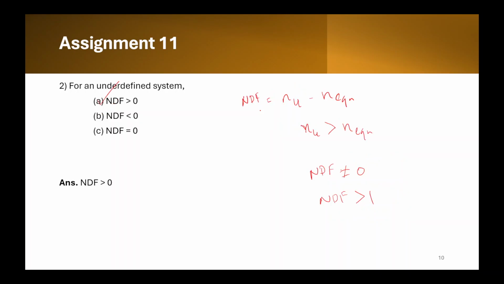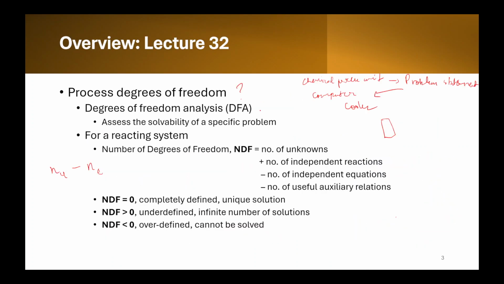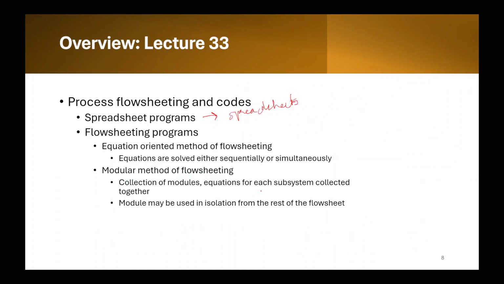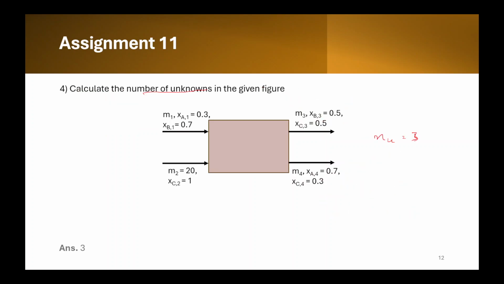I can show it to you. See, I've solved this question as well. For a solvable system with a unique solution, NDF is equal to 0. Or you can see from this slide as well: completely defined, NDF is equal to 0, completely defined and unique solution. Usually people make this mistake.